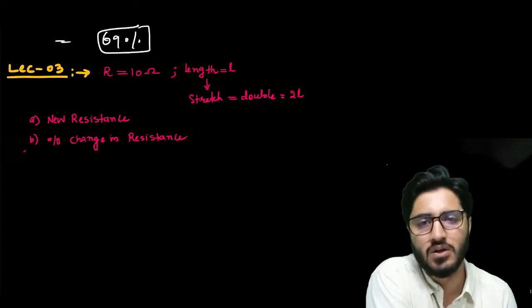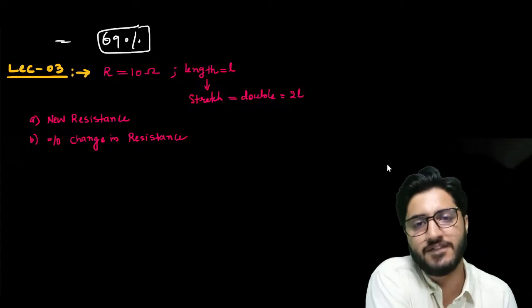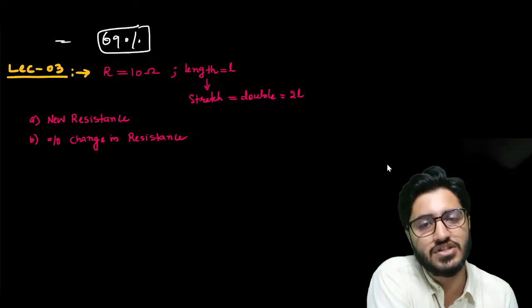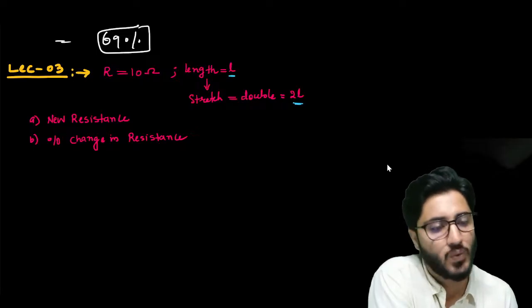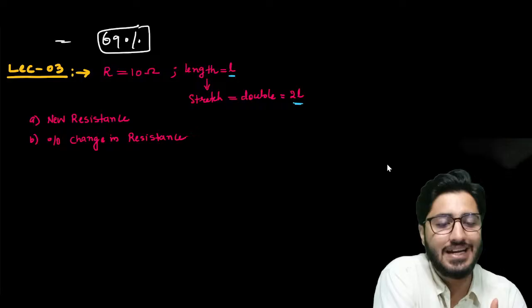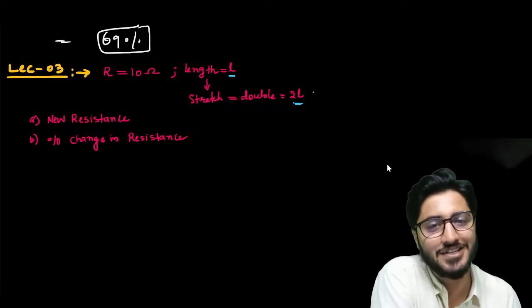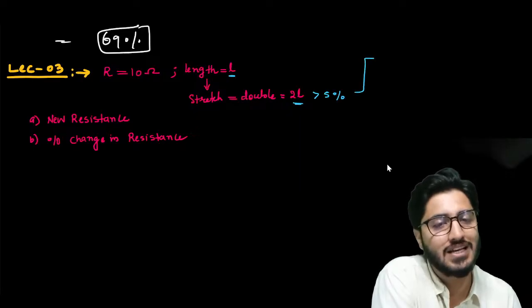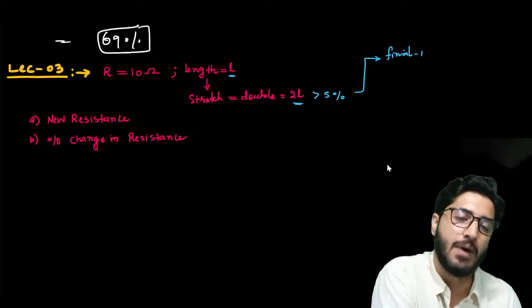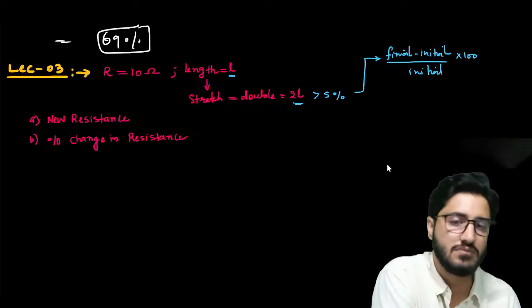Look here. If my length changes to twice, it is more than 5%. If it is more than 5%, I need to use the formula: final value minus initial value, divided by the initial value, multiplied by 100.